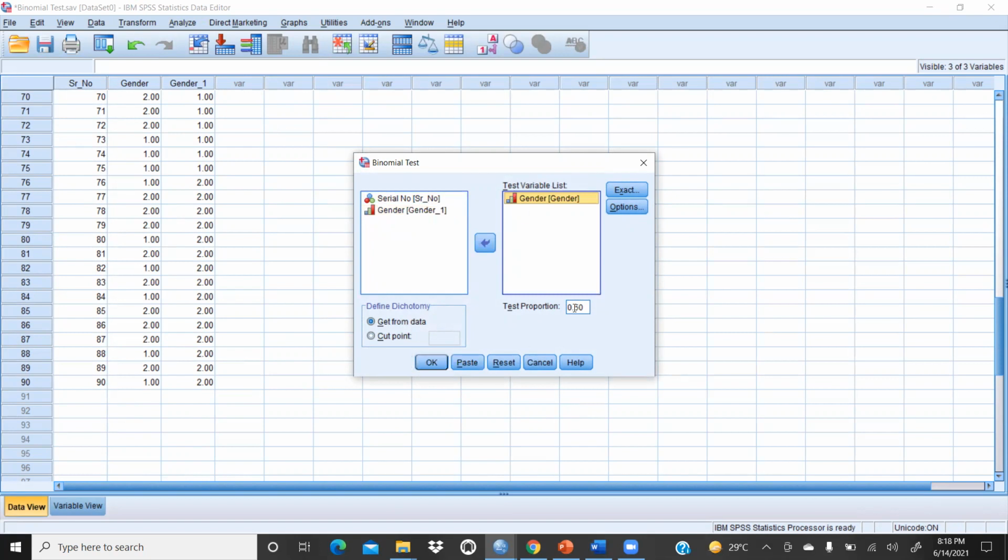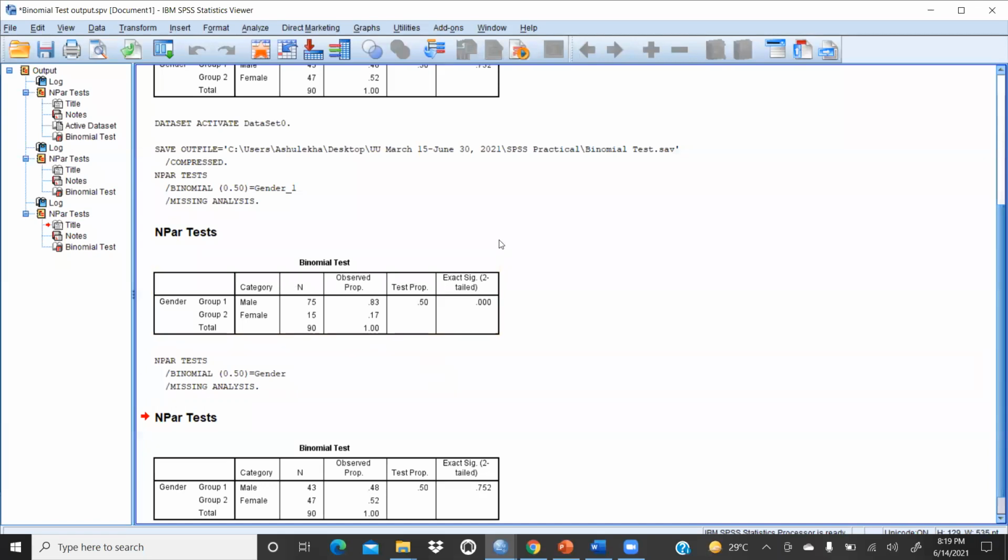Now you see the test proportion is 0.50, meaning 50-50%, equally distributed or not. That means we want to check in this sample whether the male and female ratio is equal or there is a difference, right? So now we will run. Okay, now you could see here.